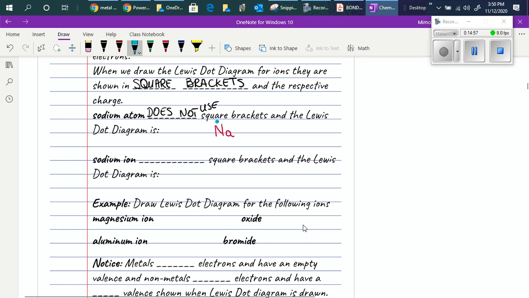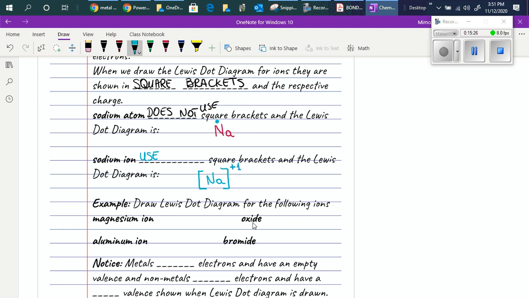What do we have in the sodium ion? We will use square brackets, and the Lewis dot diagram for it will be just like this. And now the ion is +1.